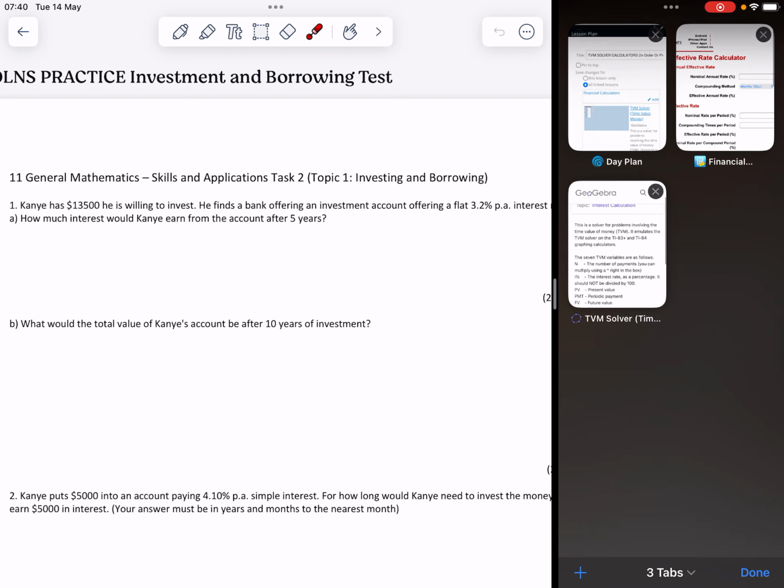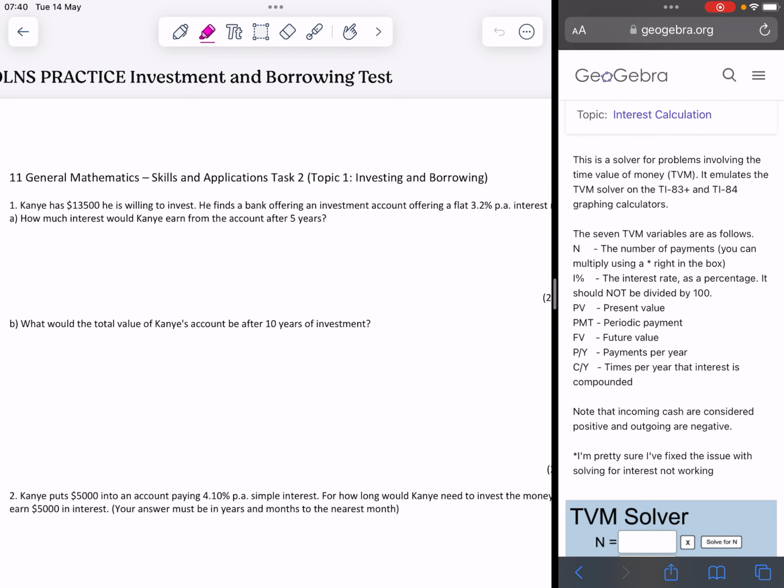Kanye has $13,500 in an investment account offering a flat 3.2% per annum, so it's simple interest. How much interest would he earn from the account after 5 years? Remember the simple interest formula that tells you the amount of interest: SI equals PRT.